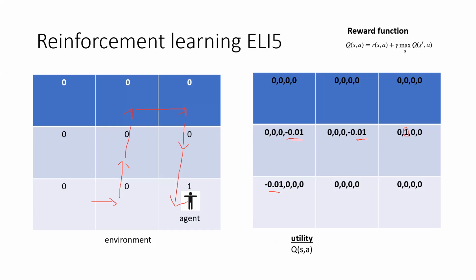Intuitively, this decision could be 0.5, and because there's a decay, this decision could be 0.2, and this decision could be 0.1, and this decision could be 0.05. After all, if I make decisions here, I can finally reach the final goal.